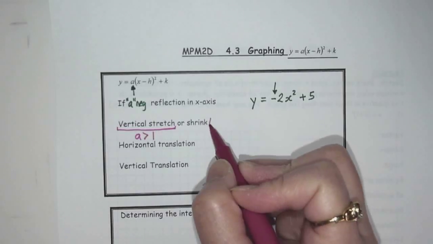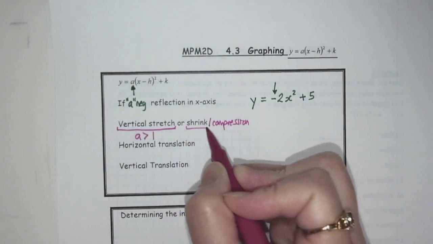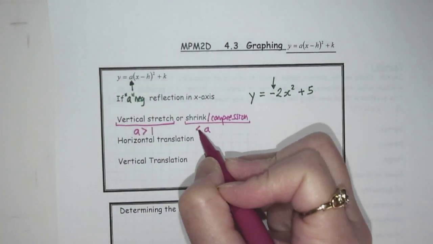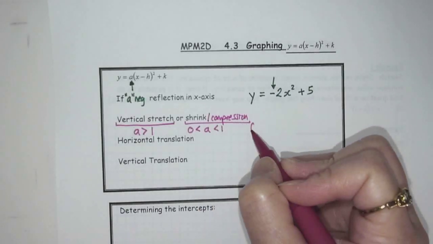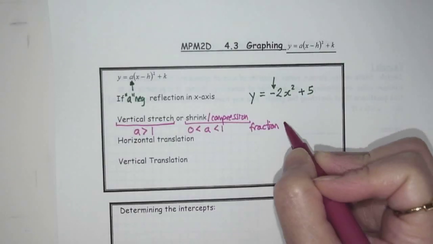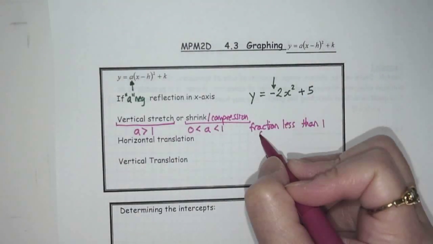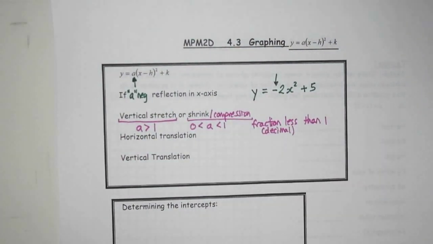It's a shrink or compression if A is between 0 and 1. So that means it's a fraction or decimal less than 1.